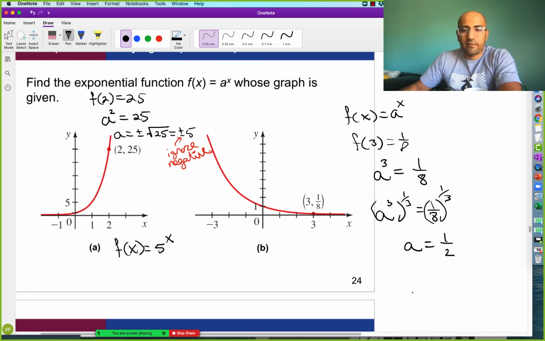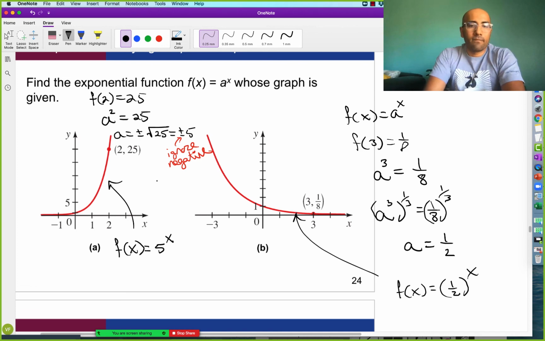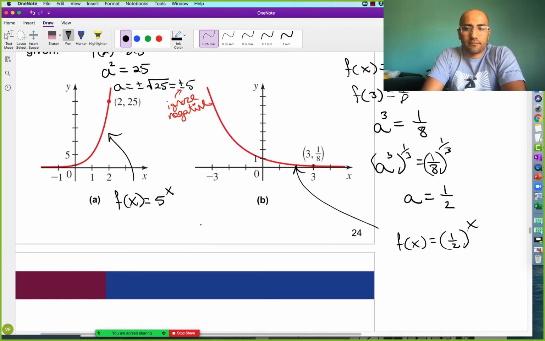So we have f of x equals 1/2 raised to the power of x as our function for this guy. And this is the function for that guy. Any questions?